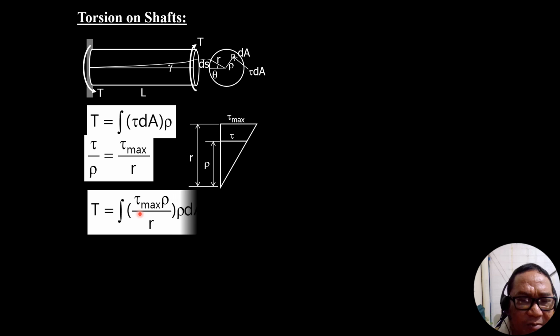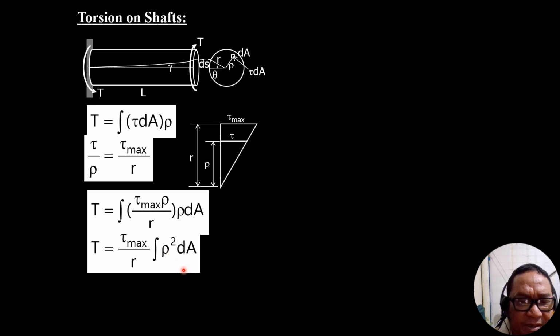Replacing tau by tau max rho over r in this integral expression, and putting tau max over r before the integral sign, then we'll have tau max over r integral of rho square dA. So take note that this expression, integral of distance square from the center, dA, is an expression for the moment of inertia of area, plane area with respect to an axis through the center of that area and perpendicular to the area.